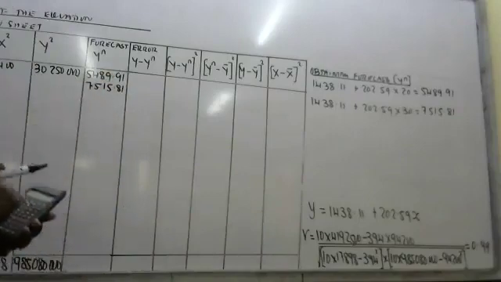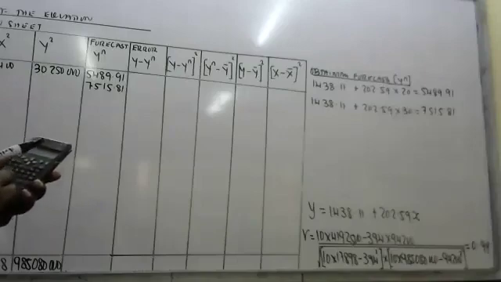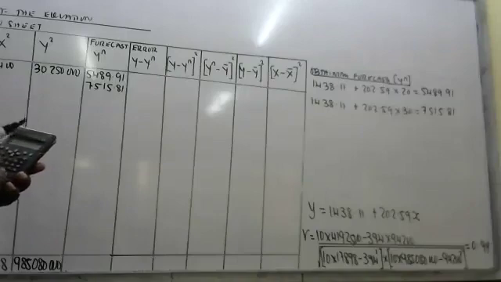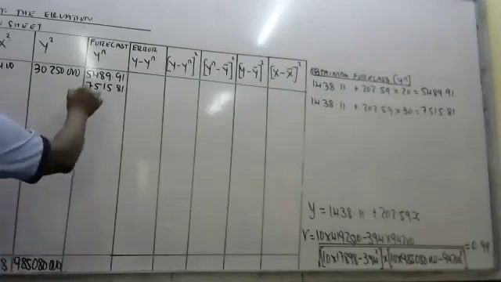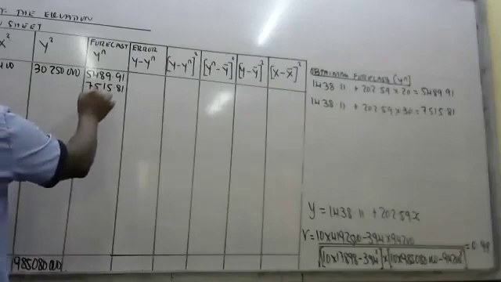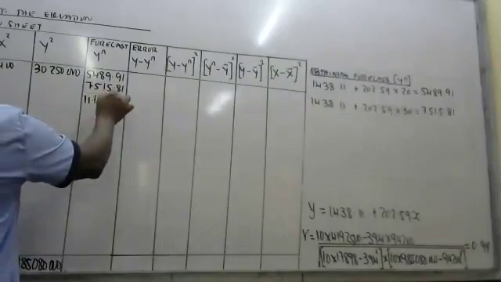So let's go now and say 1438.11 plus 202.59 times 48 equals 11,162.43.